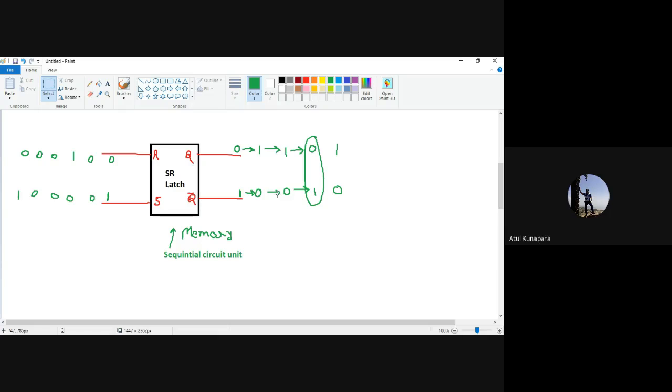I hope you know that 1 byte is equal to 8 bits. So when you say 1 megabyte, that means it is 8 megabits, right? So at that time you need to have 8 mega number of SR latches developed into that small memory size.